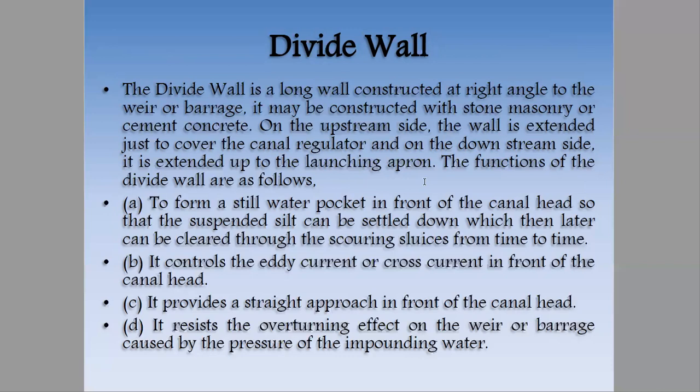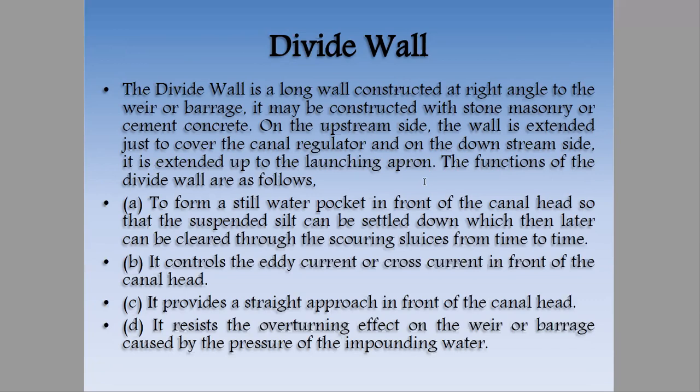Second, to control the eddy current. Now what is eddy current or cross current in front of the canal head? Basically, when we divert any water, eddy current or cross current arises. What is current basically in flowing water? It is the effect of flow.